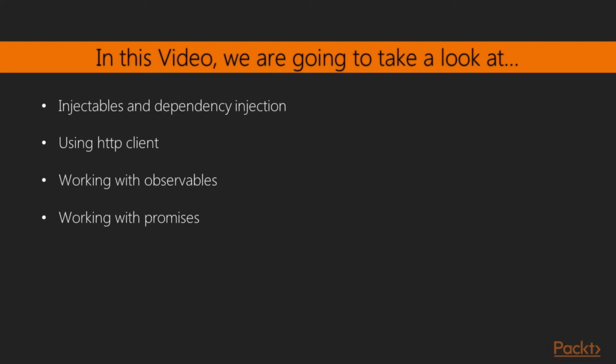We will also discuss the injectable decorator and its importance to services. We will then discuss the HTTP client and how to use it within an Angular service. HTTP.get calls return RxJS observables, which we will discuss in this chapter. Finally, we will discuss turning observables into promises in case working with promises is your preferred approach.